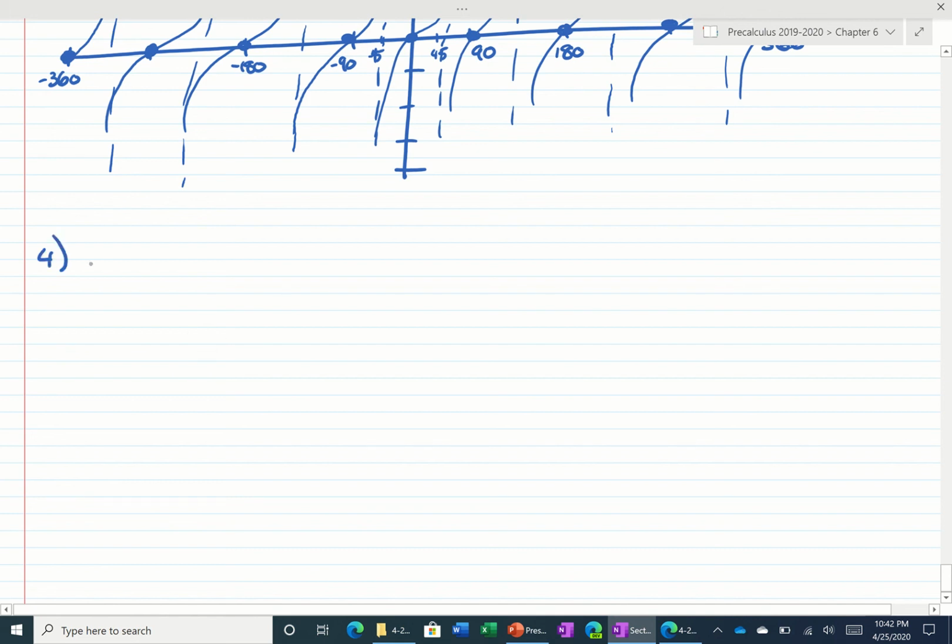Okay, number 4, let's graph y is equal to negative 1/3 cosine of 2 theta minus 90 degrees.